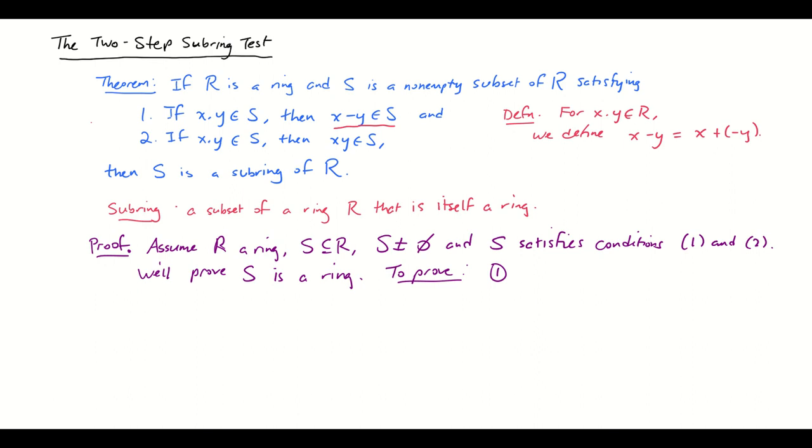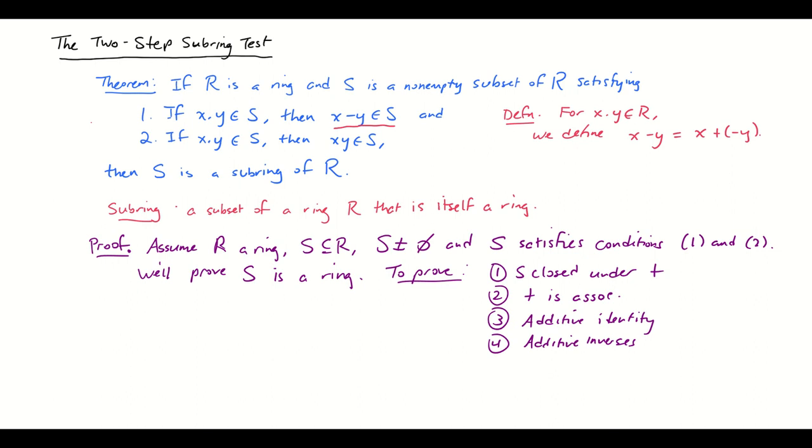number 1, we need to prove S is closed under addition. We need to prove that addition is associative. We need to prove there's an additive identity. We need to prove there are additive inverses. We need to prove addition is commutative.